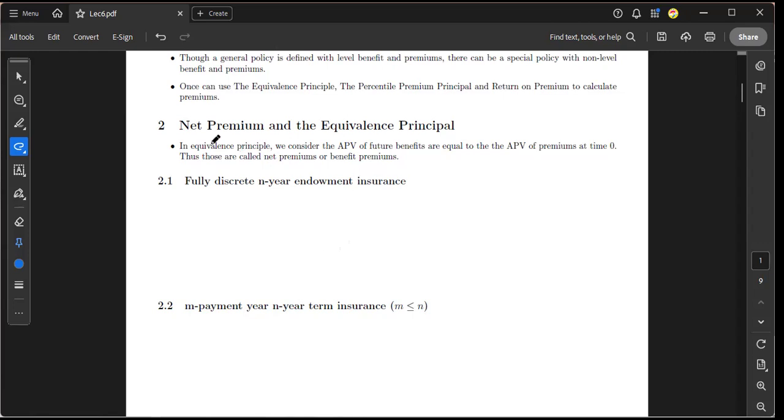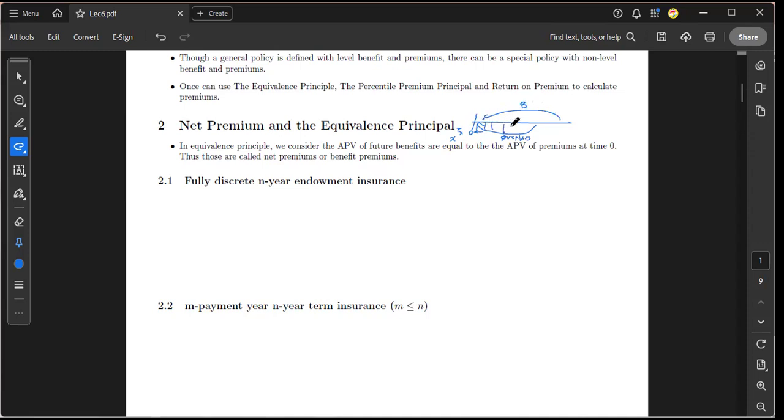But for the net premium, you always assume that at the beginning. That means at age x, you know that Tx is zero. So this is the beginning, which is the time point of purchase. At that point, the present value of premiums and the present value of the benefit.